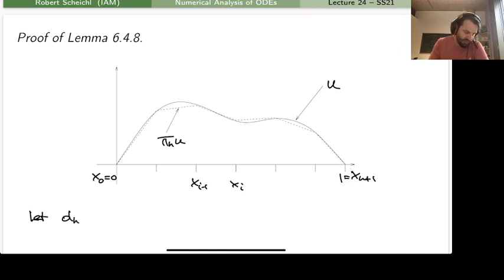d_h to be the interpolation error, so u minus Pi_h u. Should this really be small pi? No, this should be big Pi.